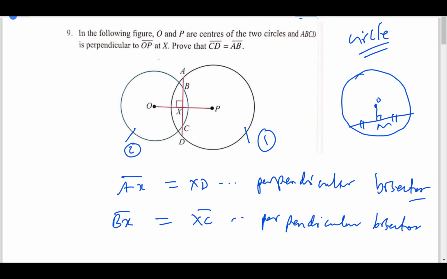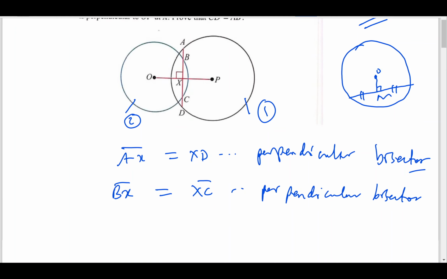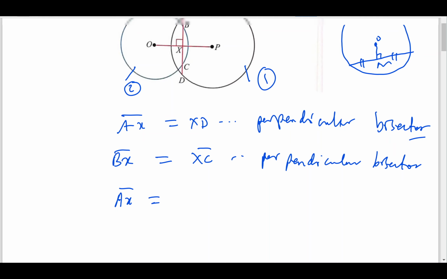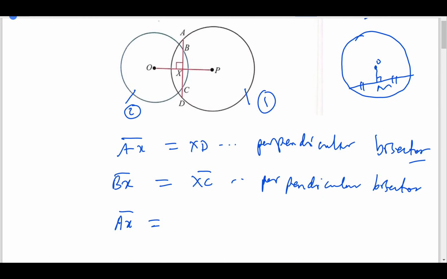So now we know that AXC can be opened further. We are going to say that AXC is AB plus BXC, and also XCD is equal to XC plus CD.